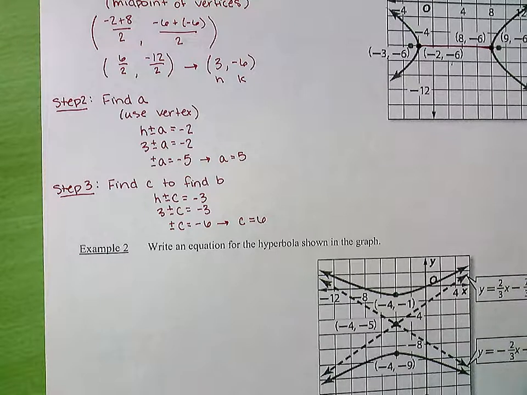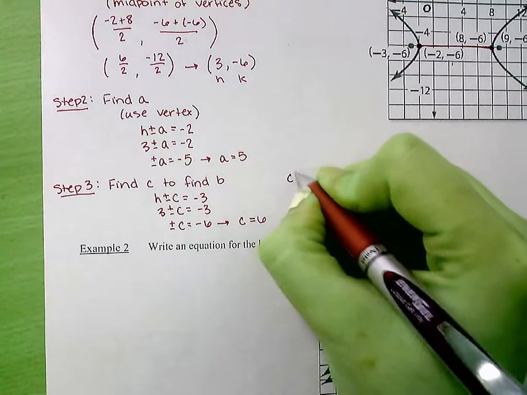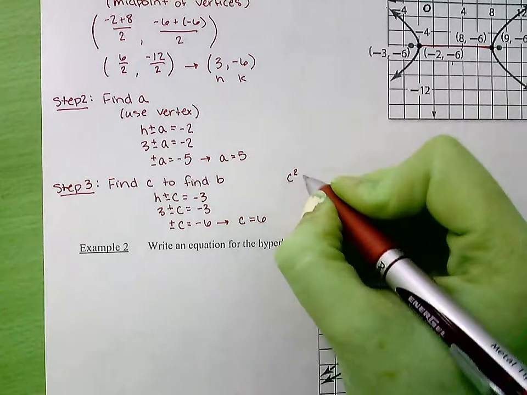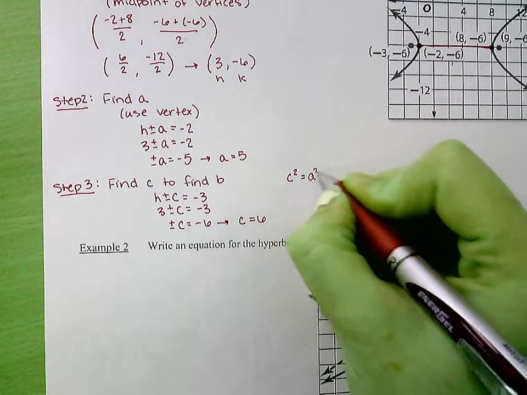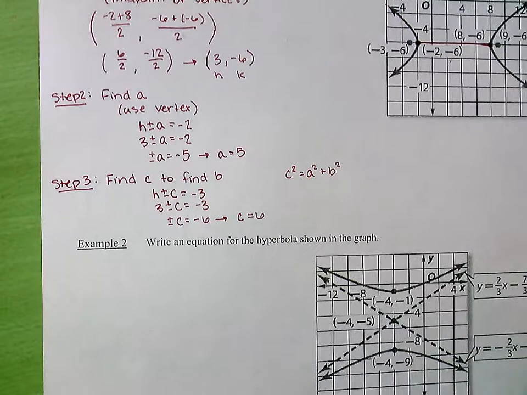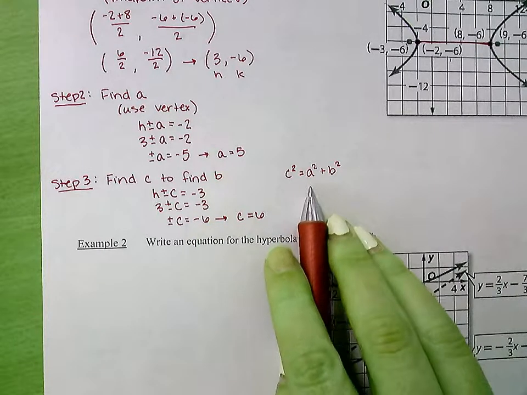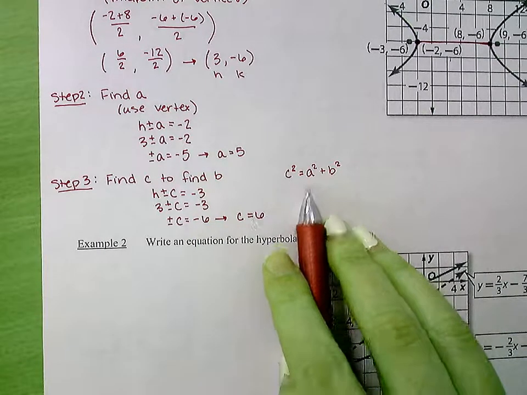Okay, now I was finding c so that I'm able to find b. Now there's a relationship among a, b, and c. I can say c squared is equal to a squared plus b squared. So now I have c and I have a. I can plug those in and solve for b.